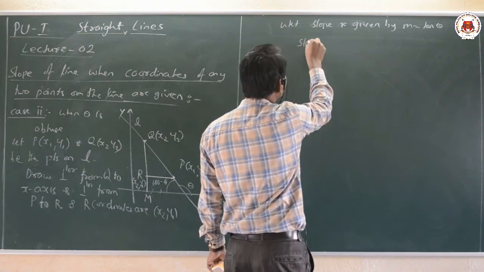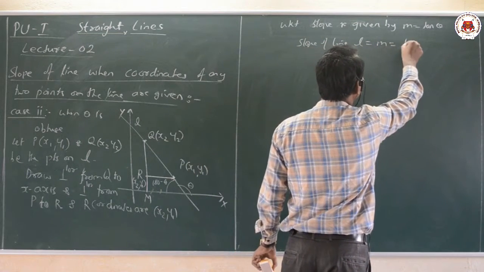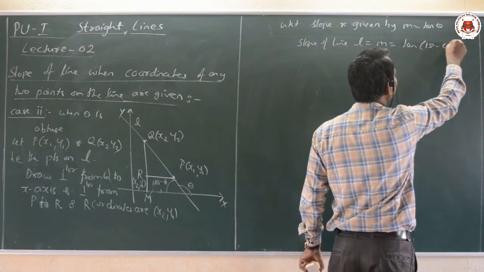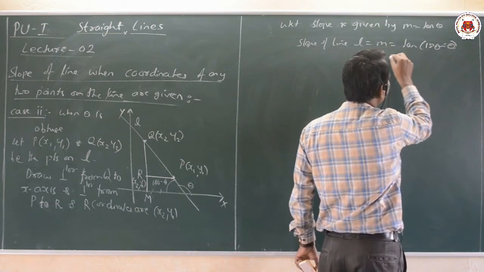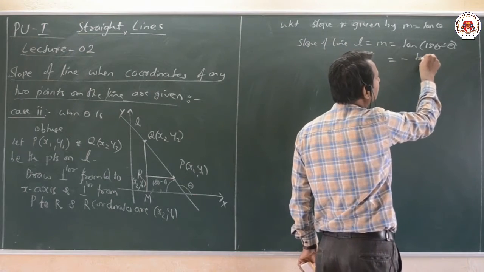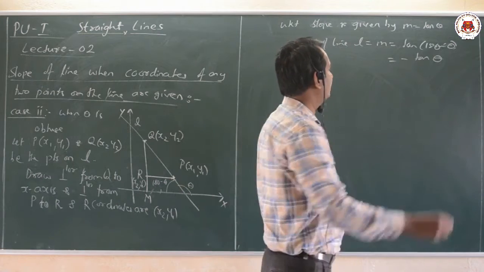That implies the slope of line L, m, is equal to tan of 180 minus theta, which is very important. That is nothing but minus tan theta.